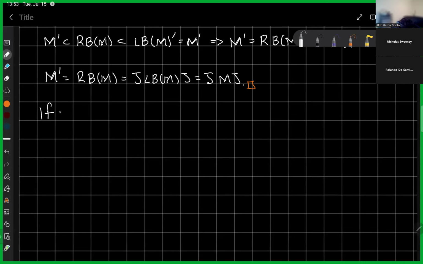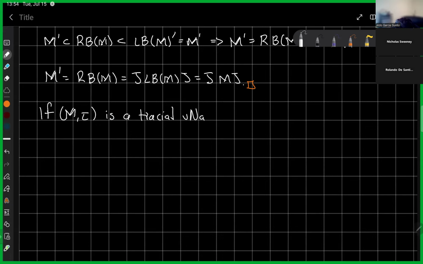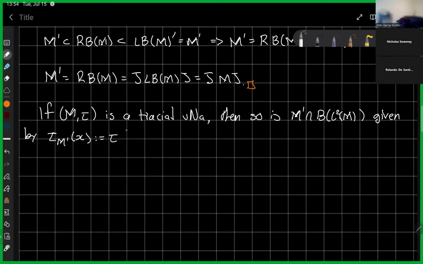If M, tau is a tracial von Neumann algebra, then so is M prime in B of L2, given by using the J's.